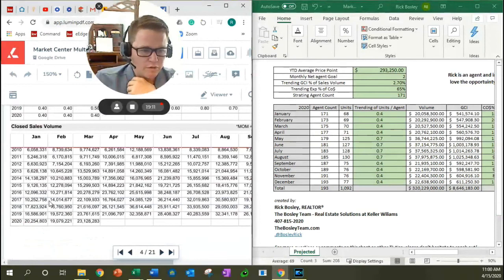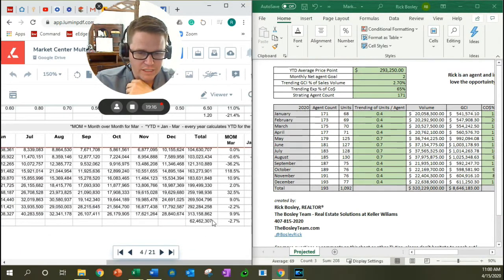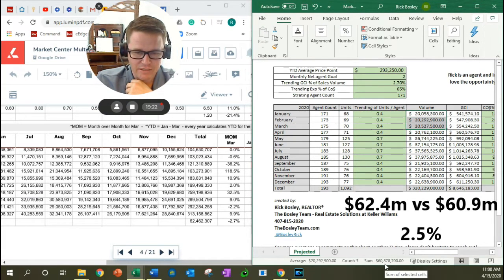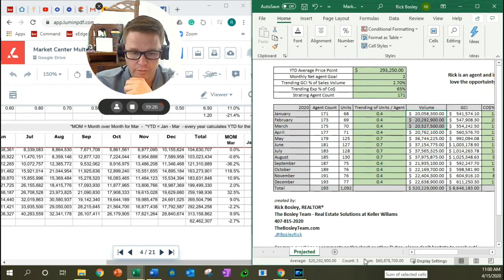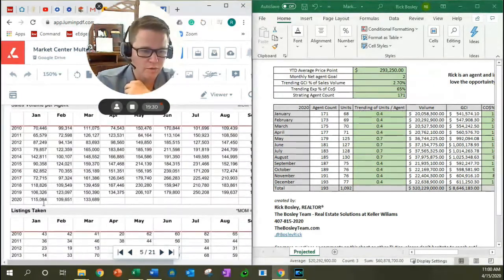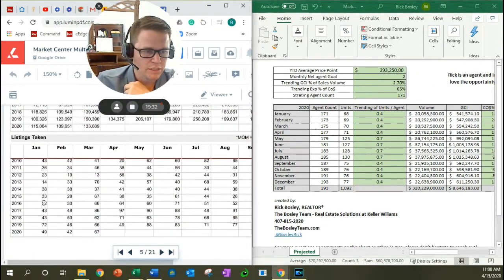Closed sales volume, 20, 19, 23 for a total of 62,462. This projects you'll be 68,78. So we are within 150,000 total volume. Pretty accurate there.